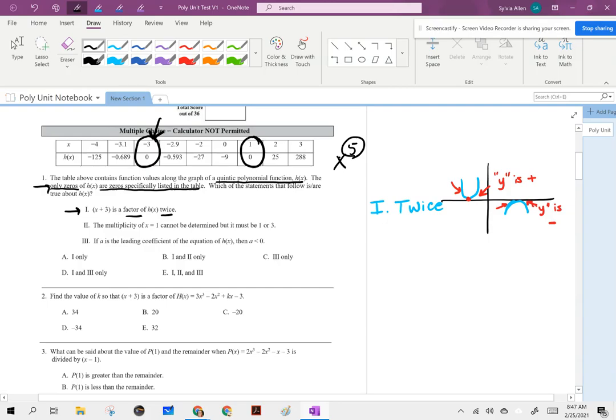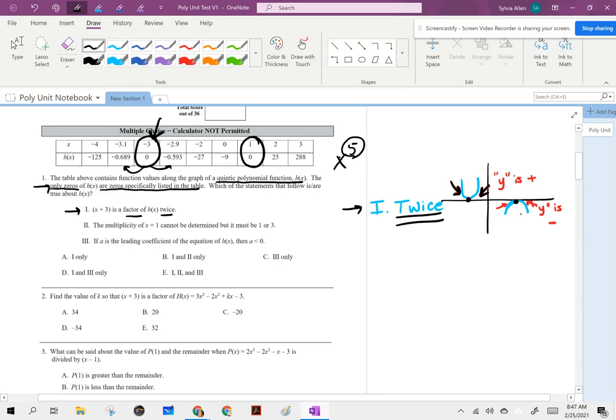Let's take a look at the y values. Well, I've got a negative y value on the left, and I've got a negative y value on the right. So let's just take a look at what that would look like. This is our thinking process. If you have a multiplicity of 2, that's going to have that bounce, right? It's going to be tangent to the x-axis, which means the y is positive on both sides of that, or the y is negative.